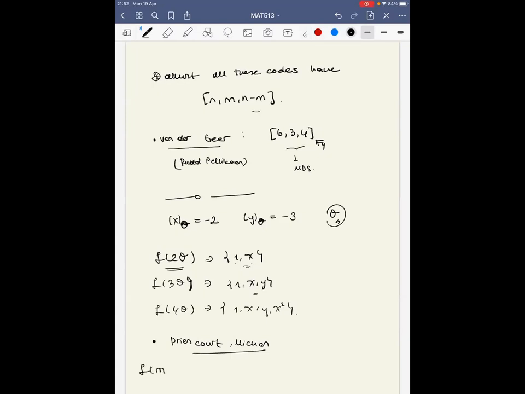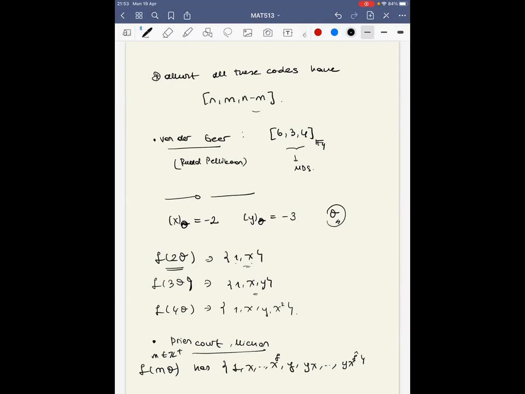Indeed, they show that the Riemann-Roch space of the divisor m times O has a basis of this form: 1, x, ..., x to the delta, y, x y, ..., x to the delta hat times y.